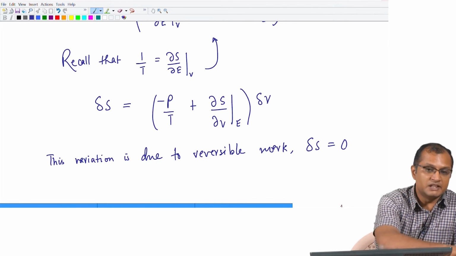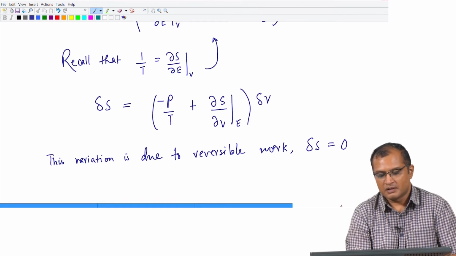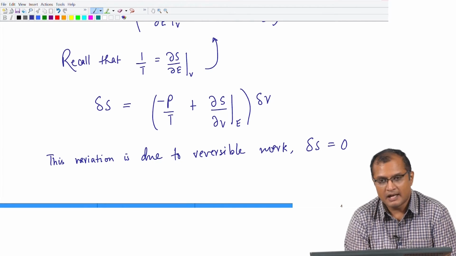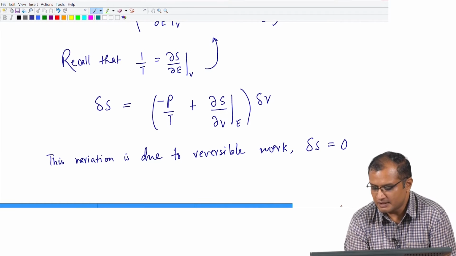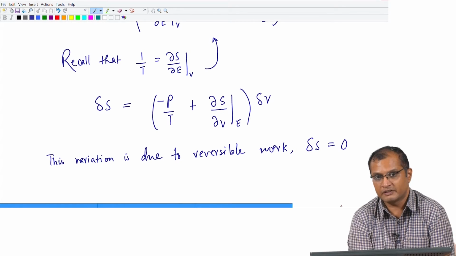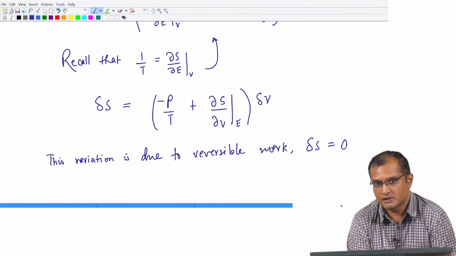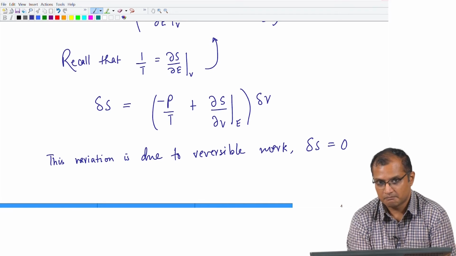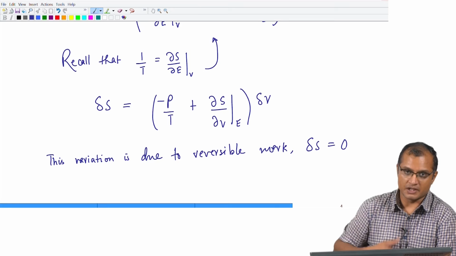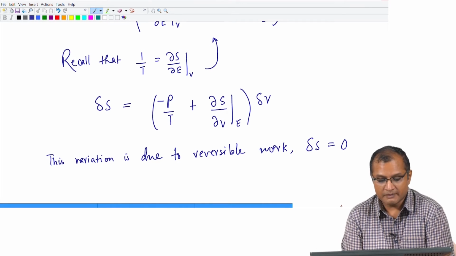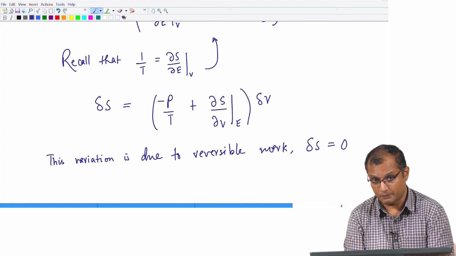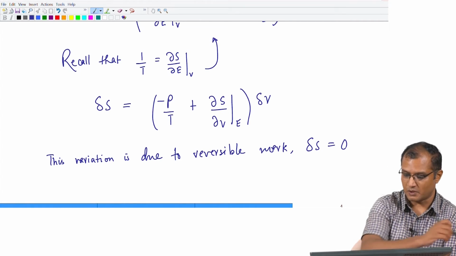Why? If delta S is not 0, then basically I have lost some information permanently, and that is the indication that the process is not reversible. Any loss of information is basically a consequence of an irreversible process. You can't recover it. So, that would be associated with a positive change in entropy, and if I am claiming that the process is reversible to begin with, then this delta S must be 0, okay, no information is lost.